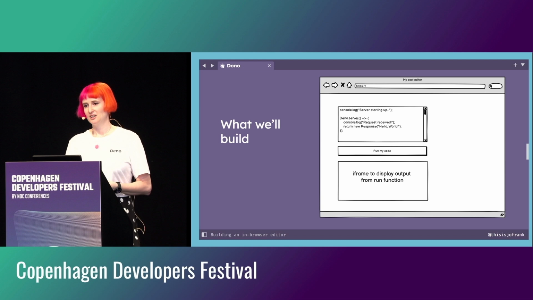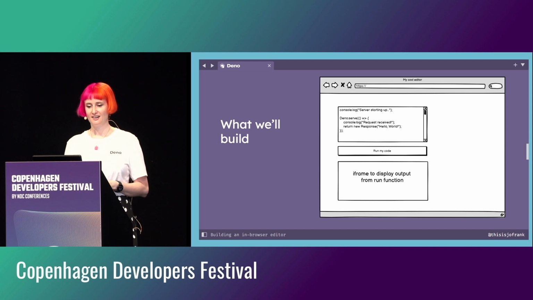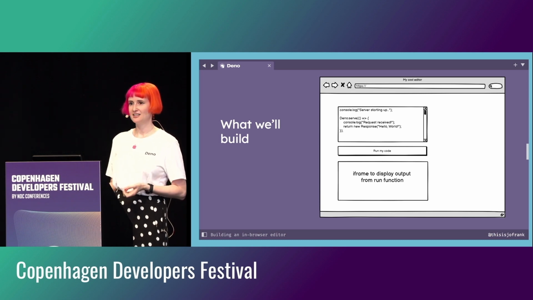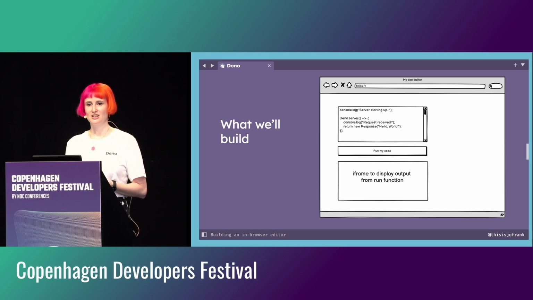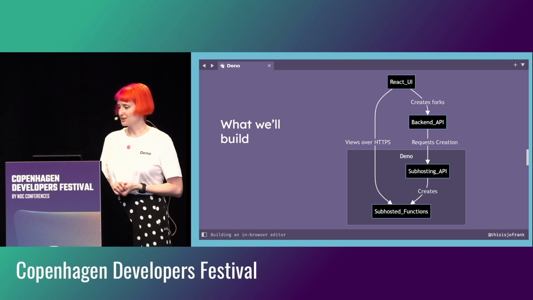So this is not going to be the most beautiful thing you've ever seen. But this is what we're going to make. We're going to have an area where we can display the output of the code that they run, and then we're going to write some API functionality to actually create these code boxes when people choose to run some code. And this is what it's going to look like.